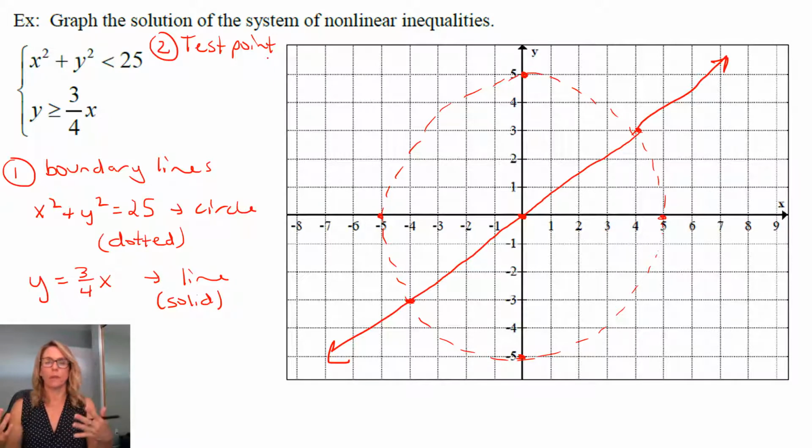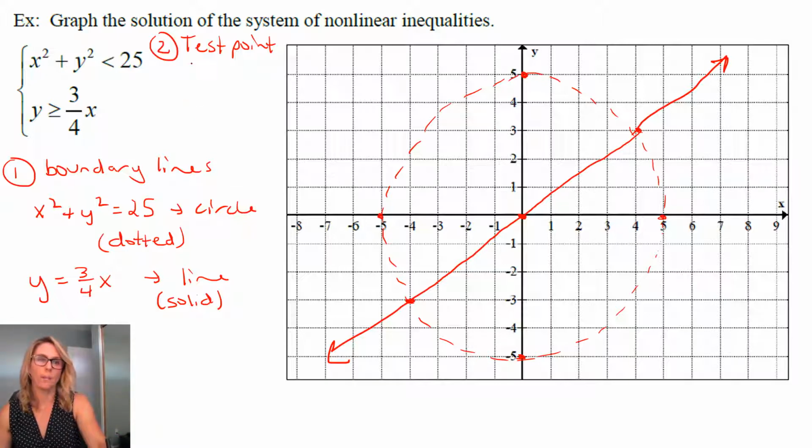I'm going to think about 3, 1 as a possible point. So I put in 3, 1, and I get 3 squared plus 1 squared. Is that less than 25? Yes. So it's not hard to see that in this case we are going inside the circle, less than 25.